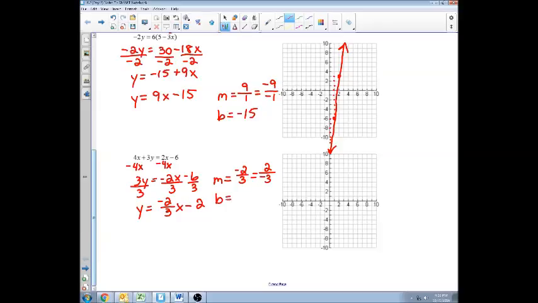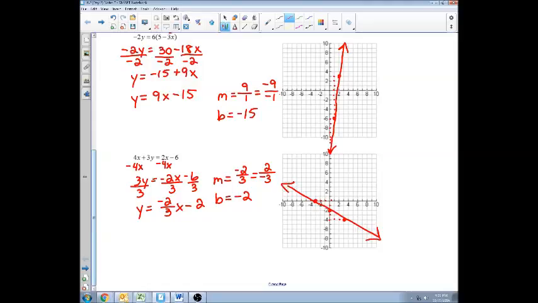My b value then would be -2. So go down to -2. That's my y-intercept. For my first slope, it says down 2, right 3. My next says up 2, left 3. Connect my points, and I am done there.